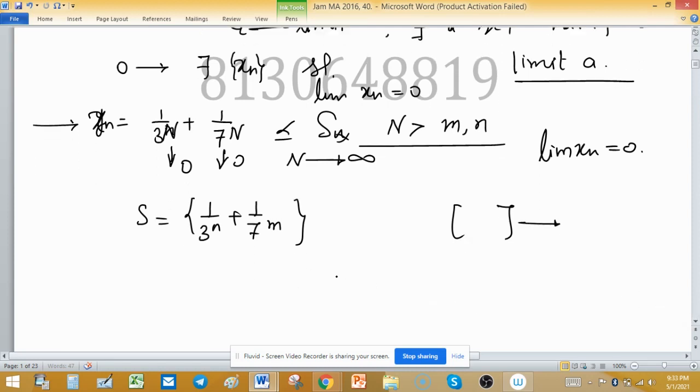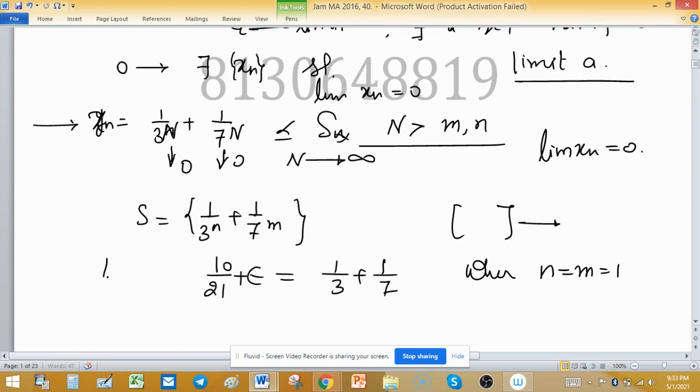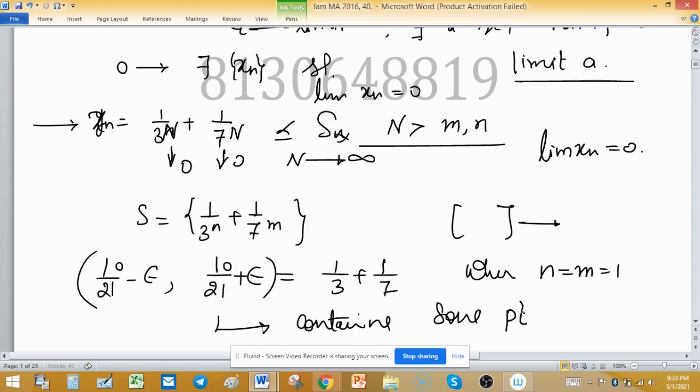So 1 upon 3 plus 1 upon 7 when n equals m equals 1 is 10 upon 21. So an epsilon neighborhood of this, meaning 10 upon 21 minus epsilon, this neighborhood contains some points of S complement.